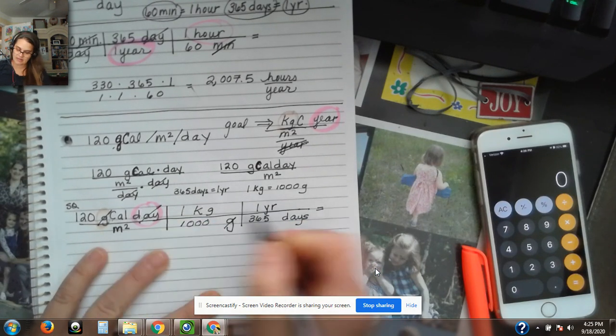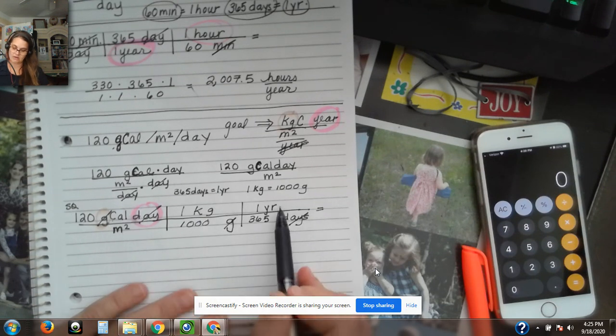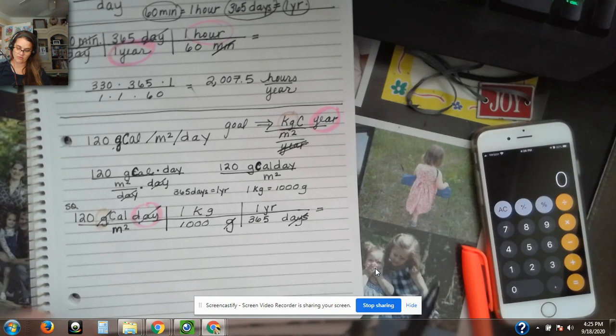So day and day cancel. Now I want to check to make sure I have the right units: kg, cal, year. Yeah, that looks right. And meters squared down here, so I think we're good.